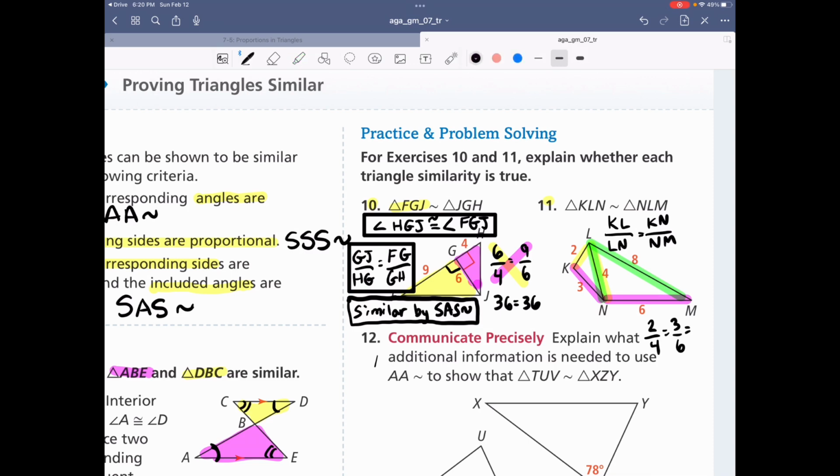So 4 and 8 also reduces to 1/2. So LN corresponds to LM. All of these are equal to 1/2. So similar by side, side, side similarity.